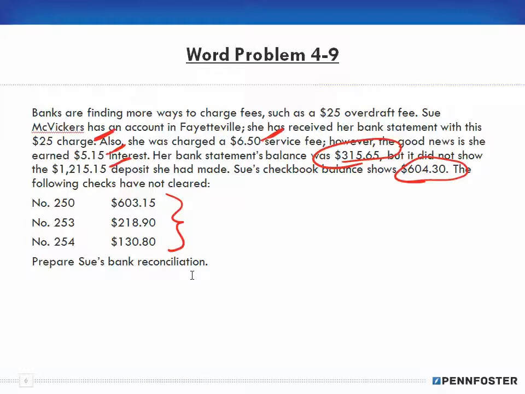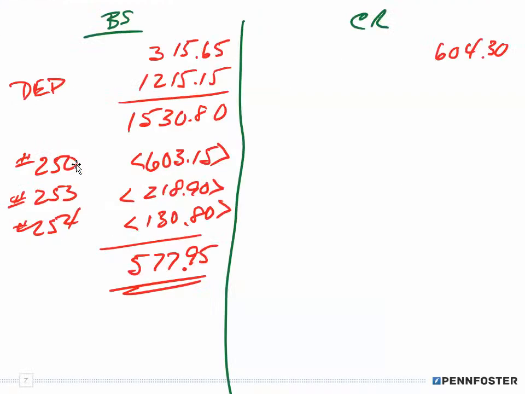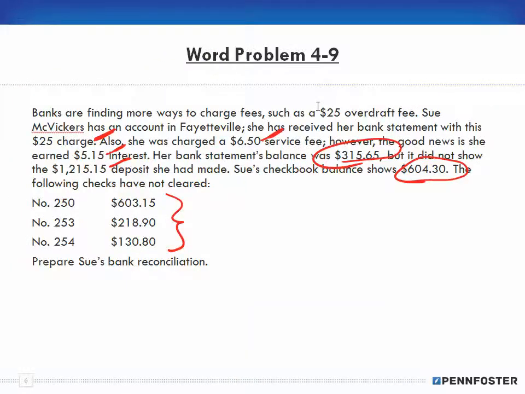Okay, so let's jump over to the check register. We had interest of $5.15. That gives me $609.45 as a subtotal. And now my deductions. NSF, an overdraft fee, sorry.